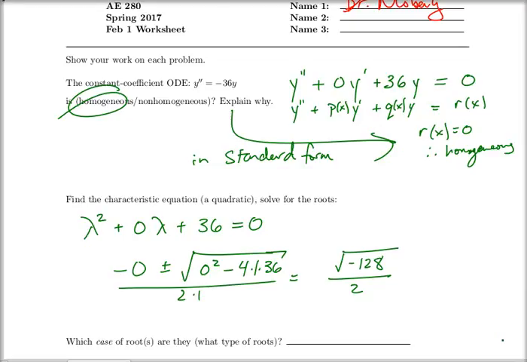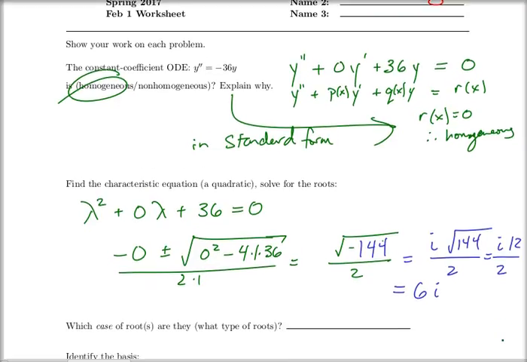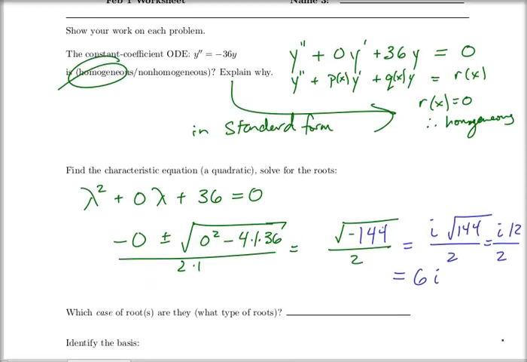Now I was wondering why that wasn't right. That's not 128, it's 144. There we go. So that's equal to i times the square root of 144 over 2, which is equal to i times 12 over 2, which is equal to 6i. Okay, now I'm better on that. I don't know why I got the wrong number there.